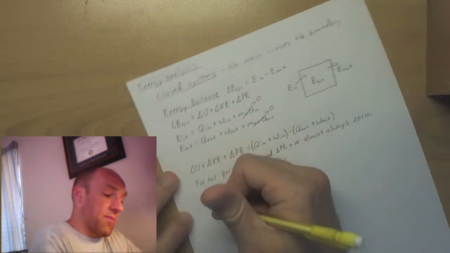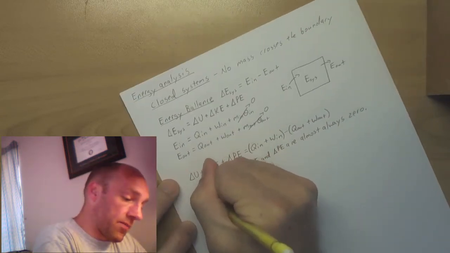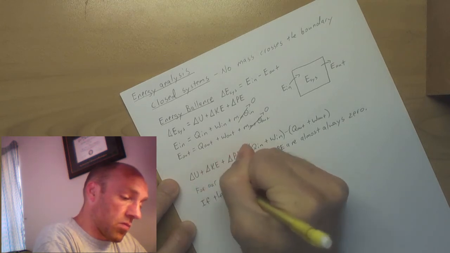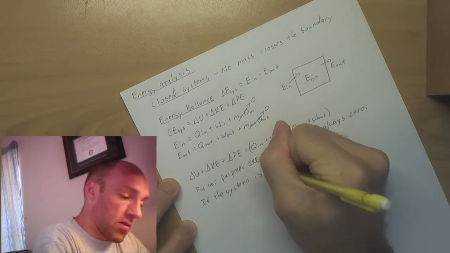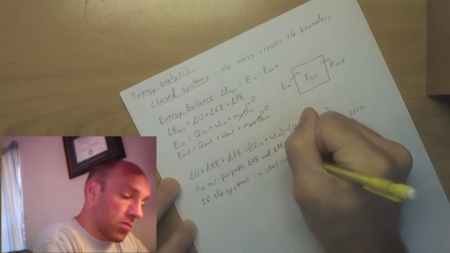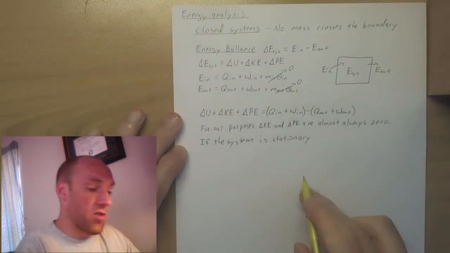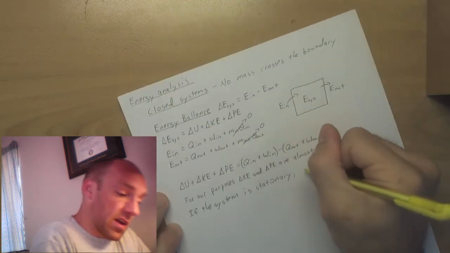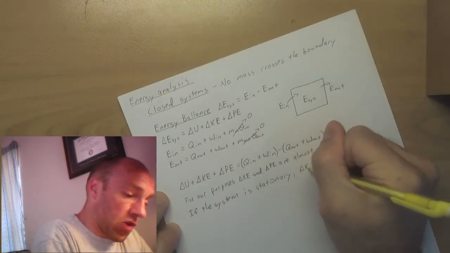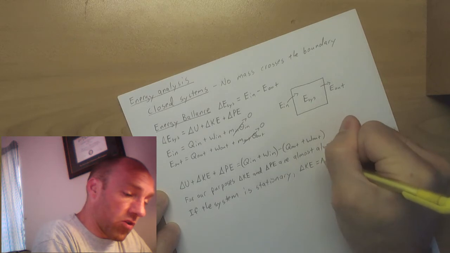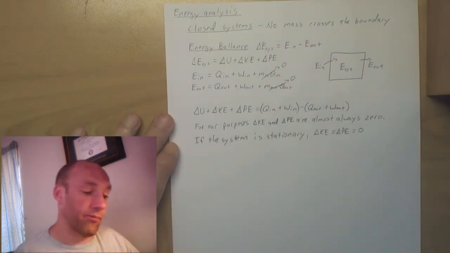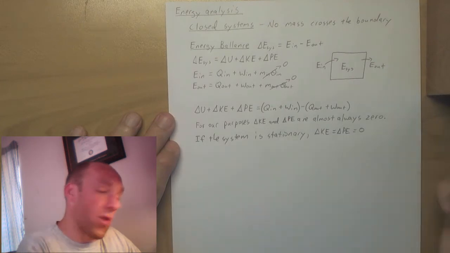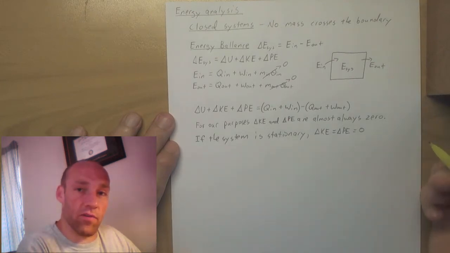If the system isn't moving, if the system is stationary, the change in kinetic energy equals the change in potential energy equals zero. All right, and that's almost always going to be the case for us.